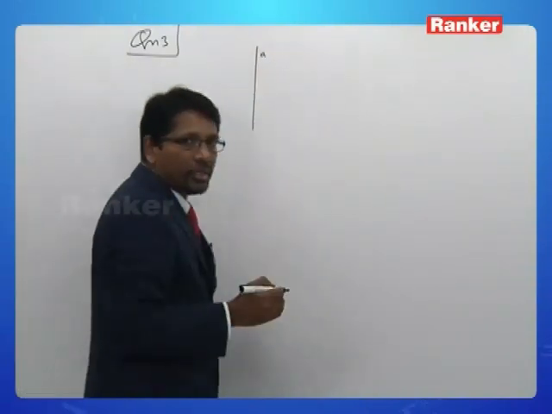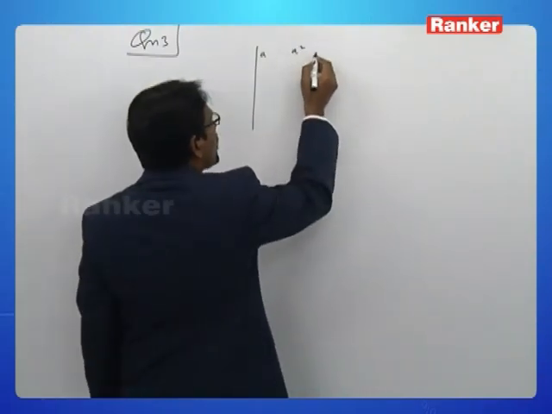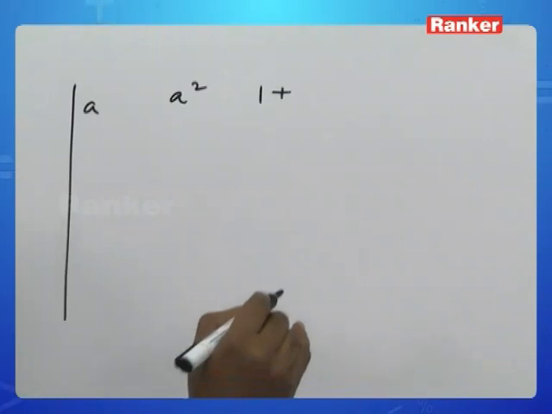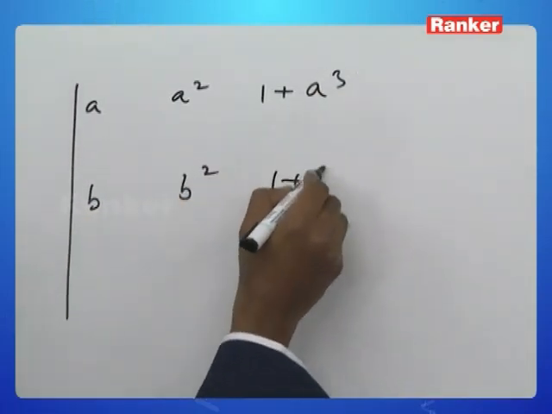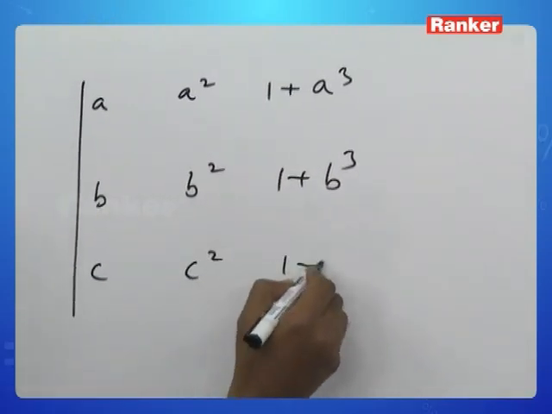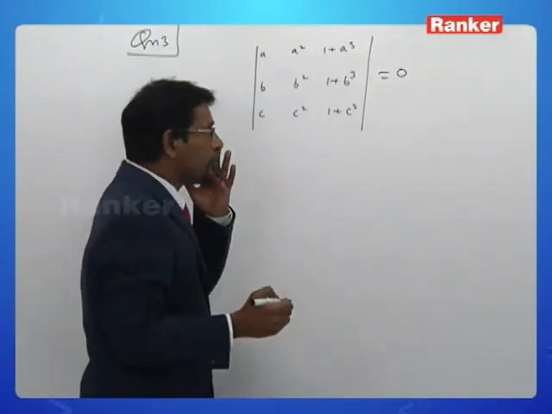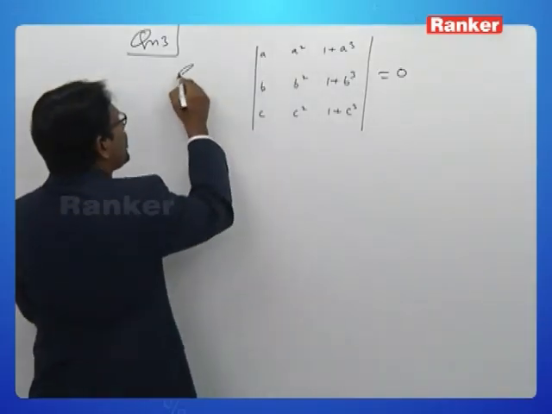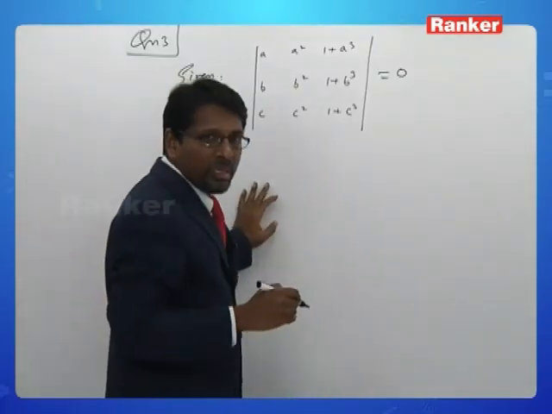Now we are given that this determinant a square, 1 plus a cube, b square, 1 plus b cube, c square, 1 plus c cube is 0. This is given. What else is given about abc?